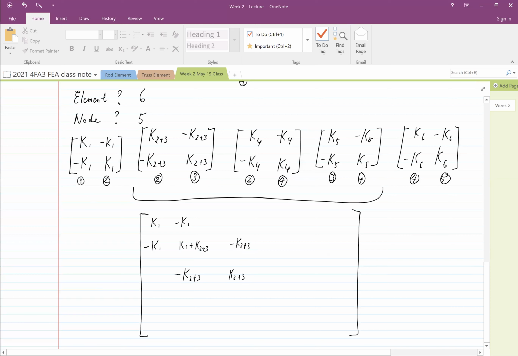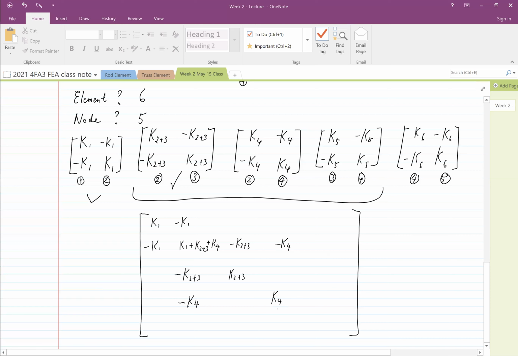Okay, that's done. What about K4? K4 looks after nodes 2 and 4. So it will be plus K4, minus K4, minus K4. But right here is K4 positive.